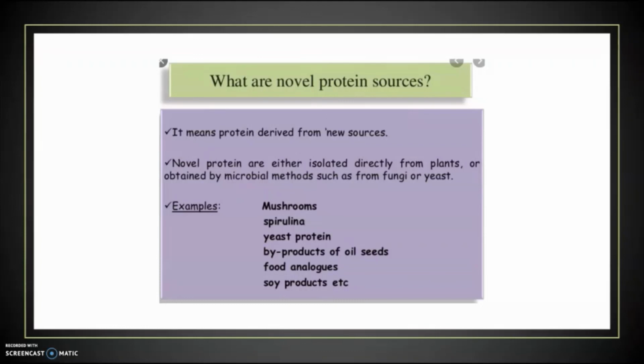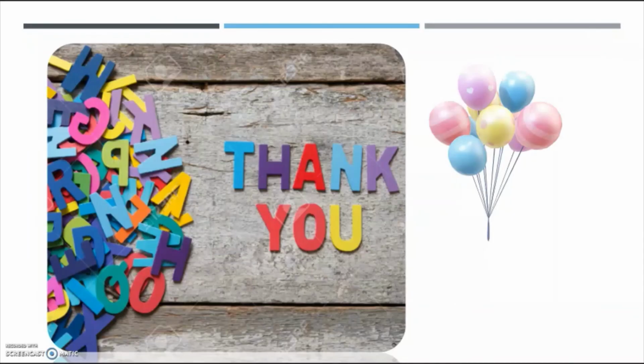Novel proteins are either isolated directly from plants or obtained by microbial methods such as from fungi or yeast. A few examples of novel proteins include mushrooms, spirulina, yeast protein, byproducts of oil foods, food analogues, soy products, etc. So these are a few examples of novel protein sources.